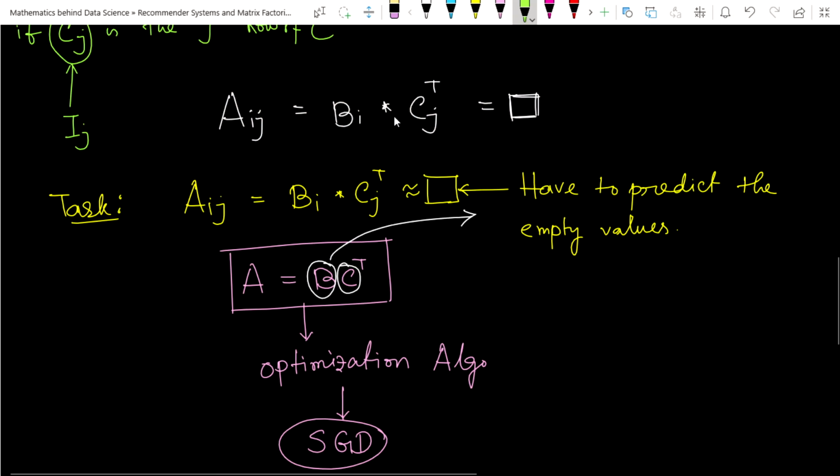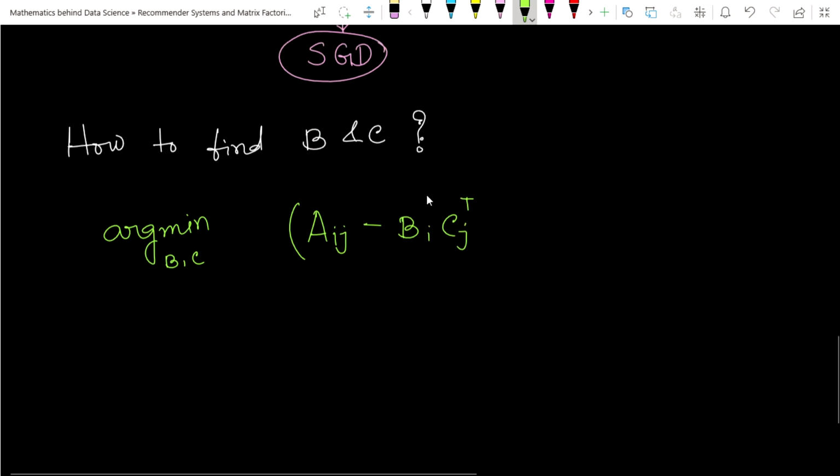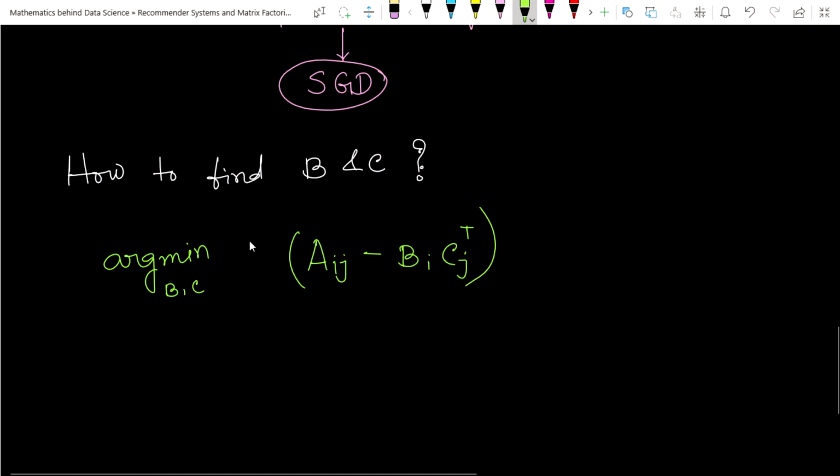If this is equal, that means everything is correct. We will use this function, and it must be over all ij.